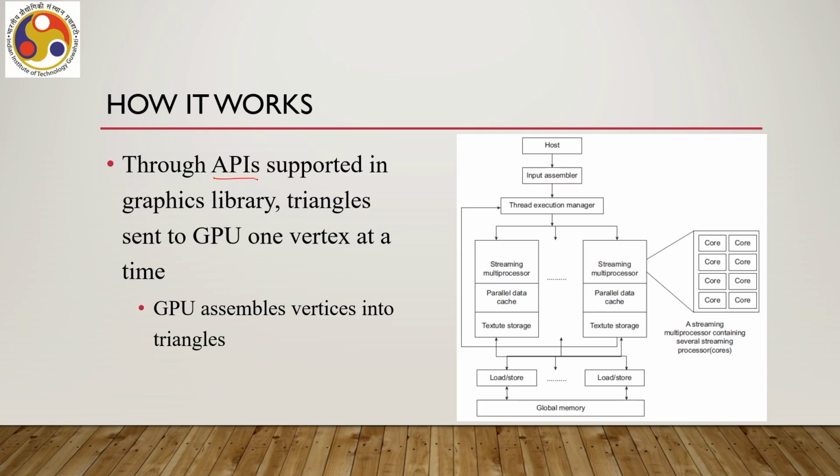Now, through the APIs supported in the graphics library, triangles are sent to the GPU one vertex at a time. So, graphics libraries come with APIs using which such triangles in the mesh can be sent to the GPU one vertex at a time, and the GPU assembles vertices into triangles.